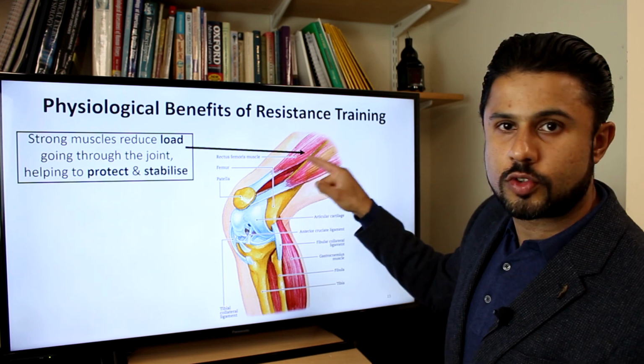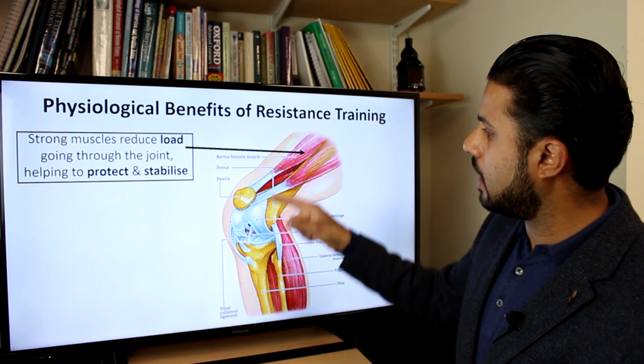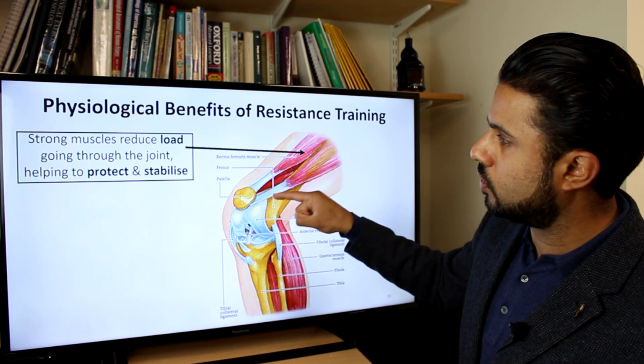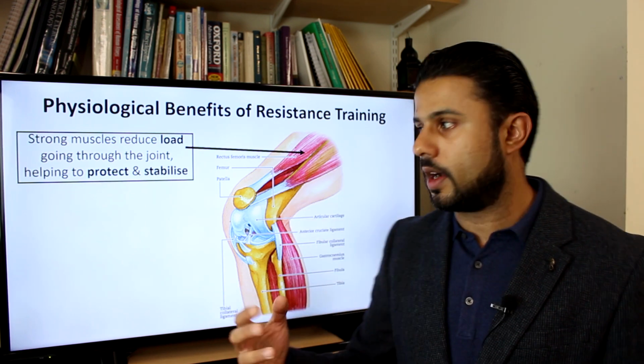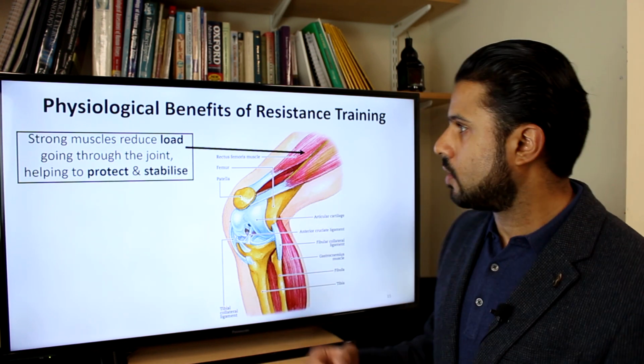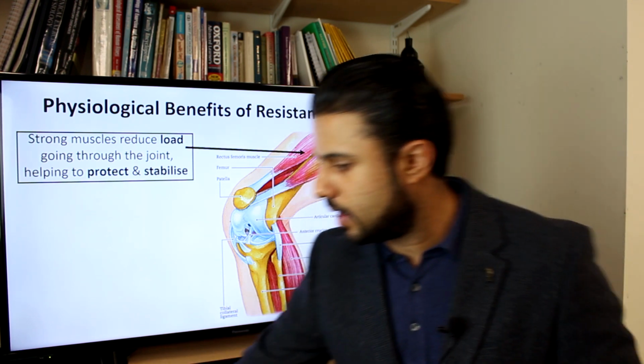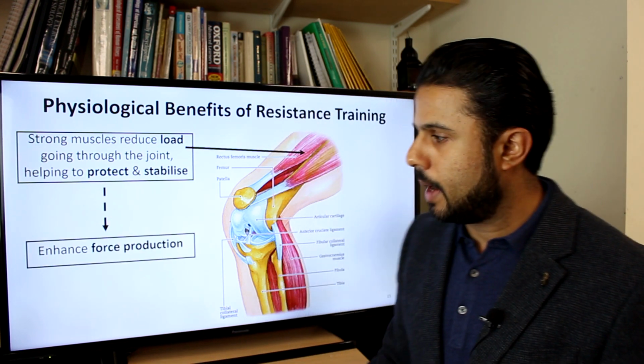So when you have a stronger muscle, it helps to protect and support the joint, and that reduces the load that goes through the joint. It also helps to stabilize. A strong muscle will stabilize a joint as well. So that's some of the benefits that you would have from doing resistance training in the muscle.